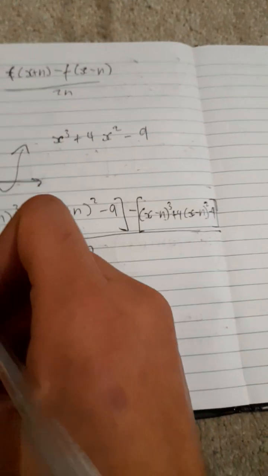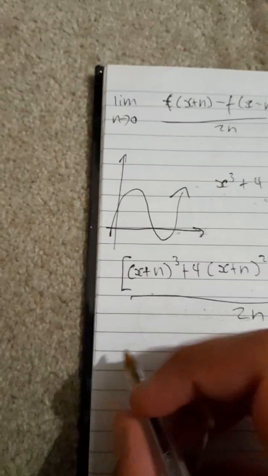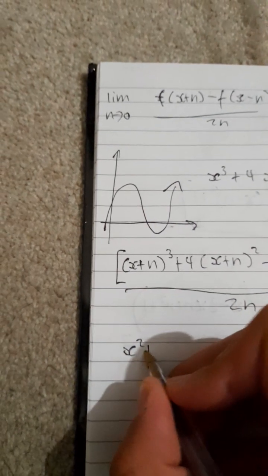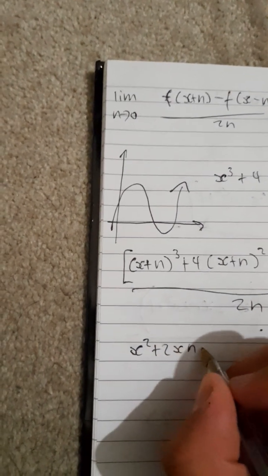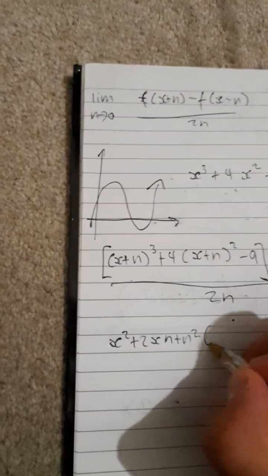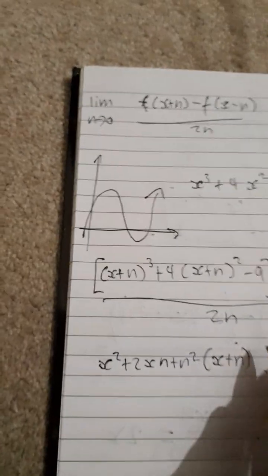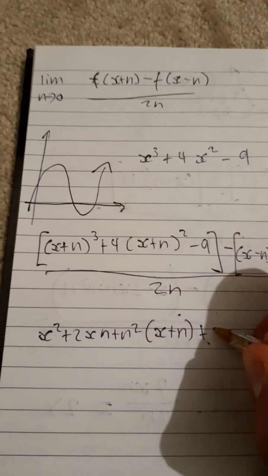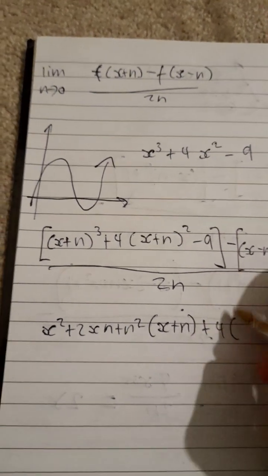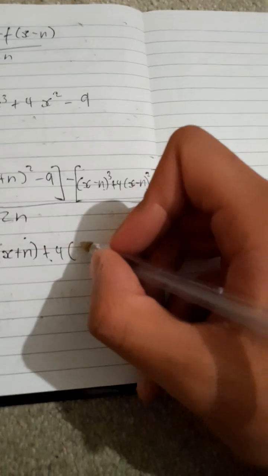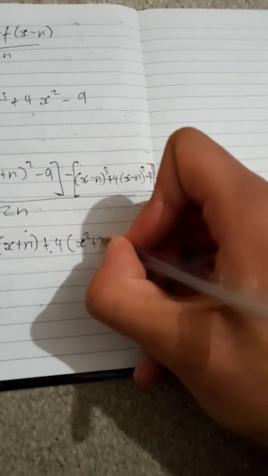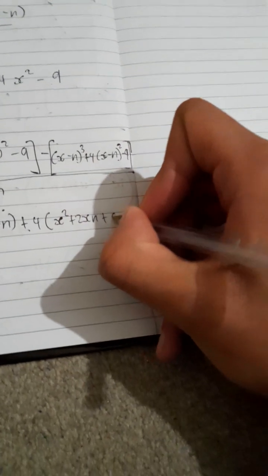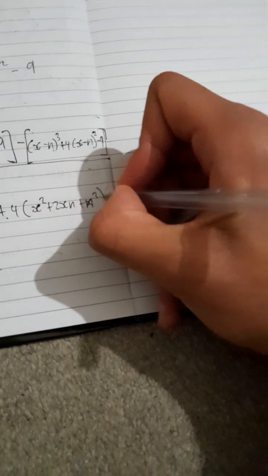It's going to be a bit tricky, but that's going to be x squared plus 2xn plus n squared, multiplied by x plus n, plus 4 multiplied by x squared plus 2xn plus n squared, minus 9.